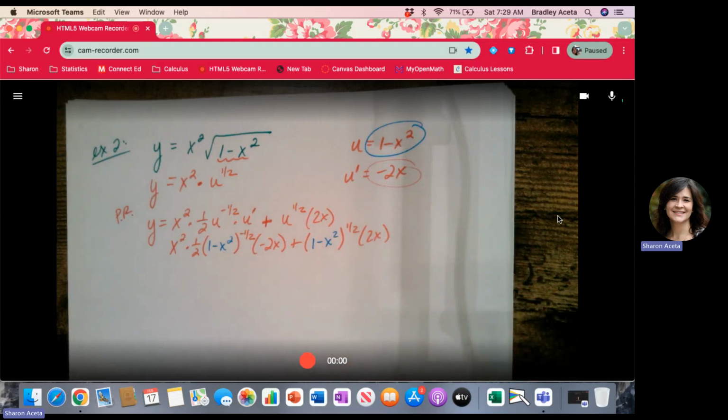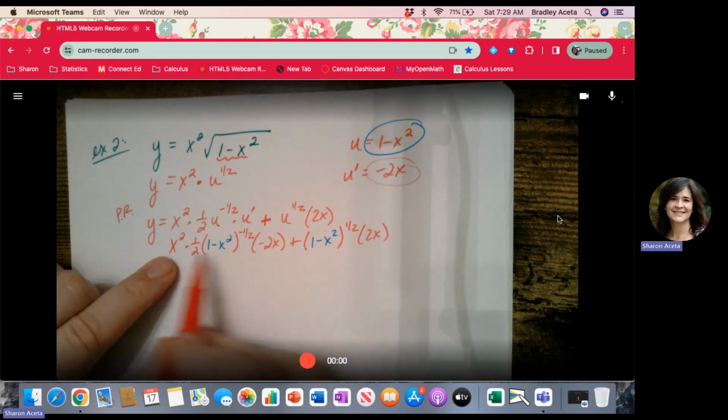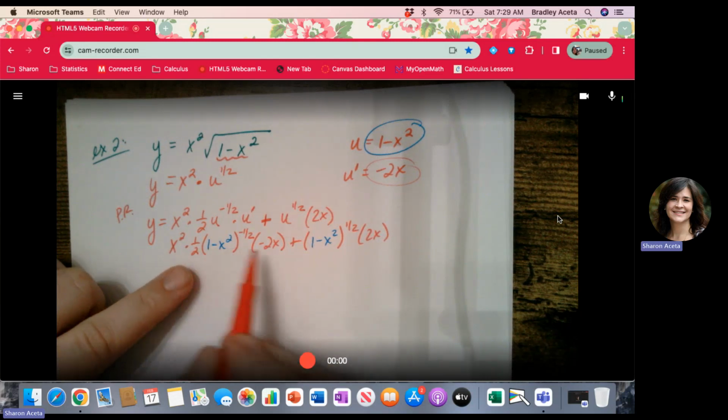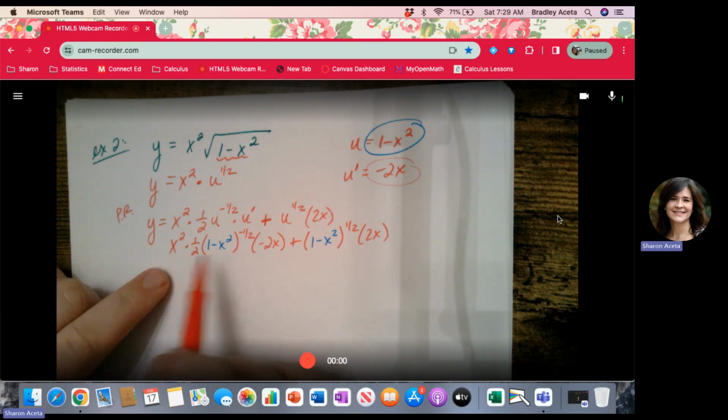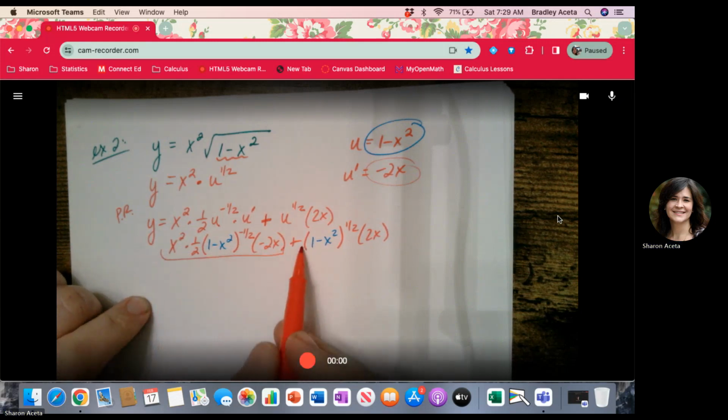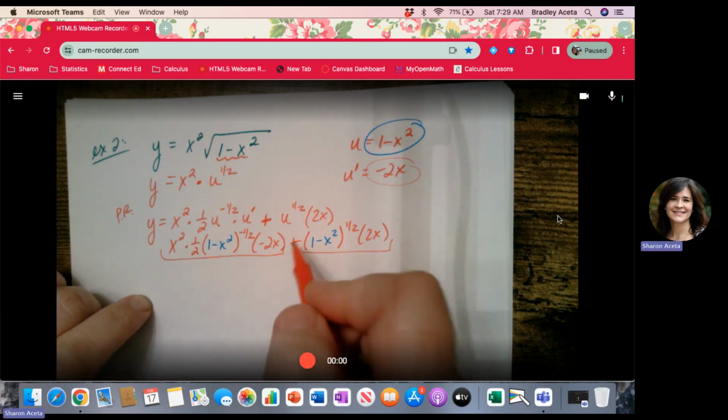Now again, this is the important step a lot of students make mistakes on. It's cleaning up, okay? I like any of my monomials to go to the front. I like them all to go to the front. So x squared, 1/2, and negative 2x can all go to the front. Remember, this is one group, and this is one group, because there's a plus sign.